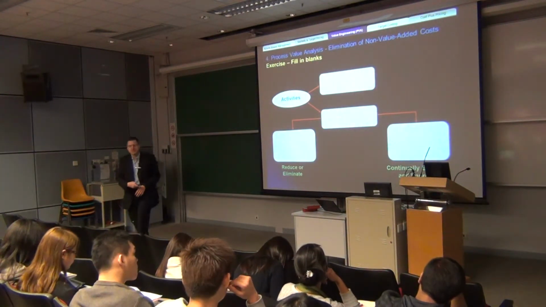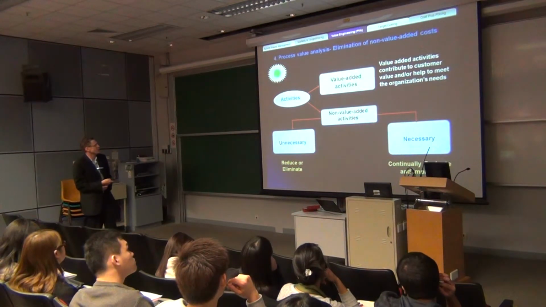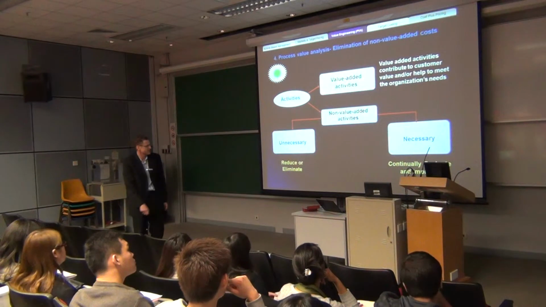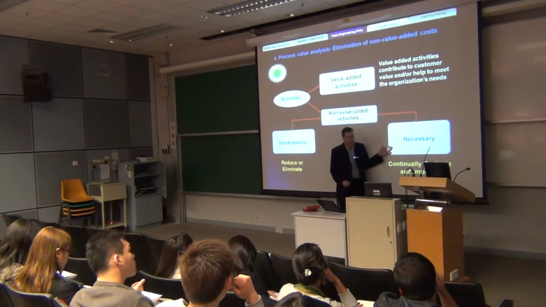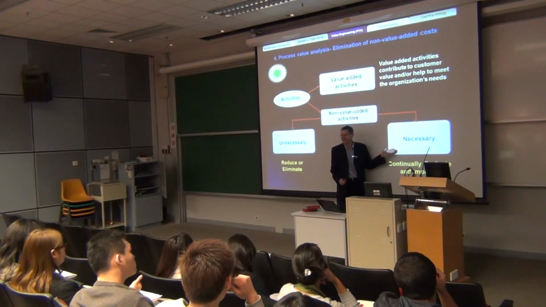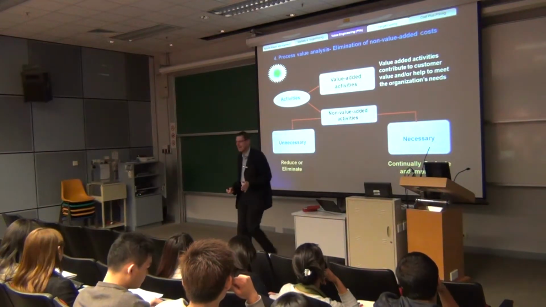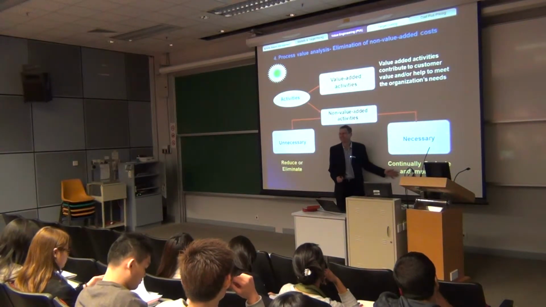All we're doing with process value analysis is we want to fill in the blanks. So we have activities. Some are value added, some non-value added. Some are unnecessary, some are necessary. Guess where you are? You're here. As a trained accountant, this is where you are initially.